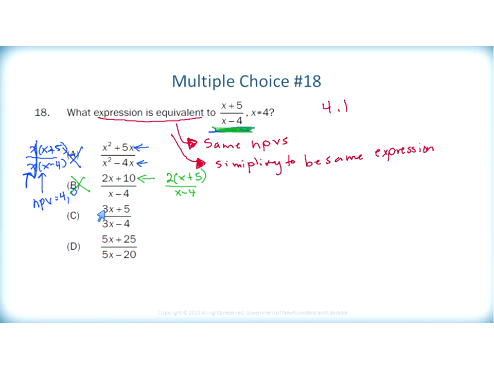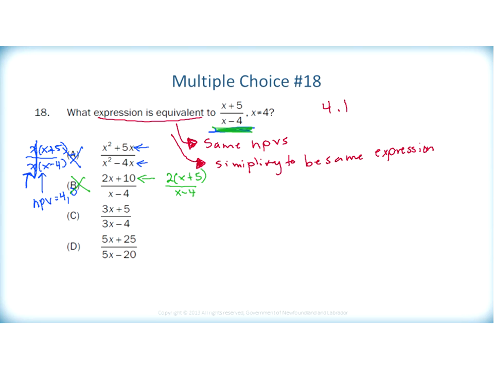You see how 3 is multiplied by x in the numerator and 3 is multiplied by x in the denominator. But in order for the expressions to be equivalent, you must multiply both terms by that constant, not just the first term or not just the second term. And here you can see the NPVs are not the same, as the NPV here will give us 3/4.